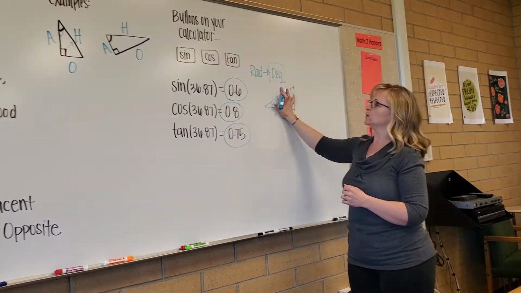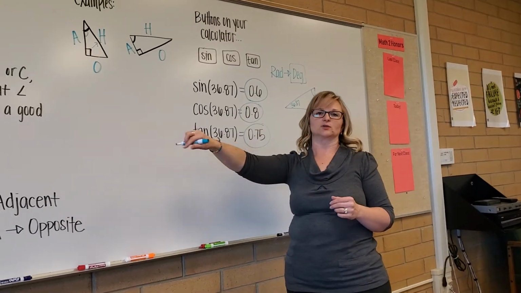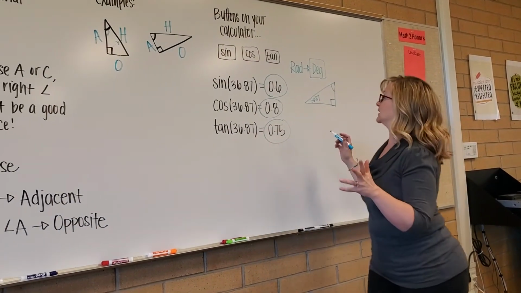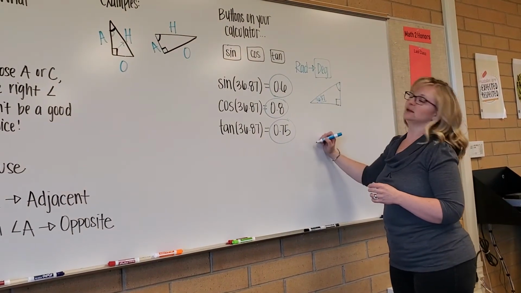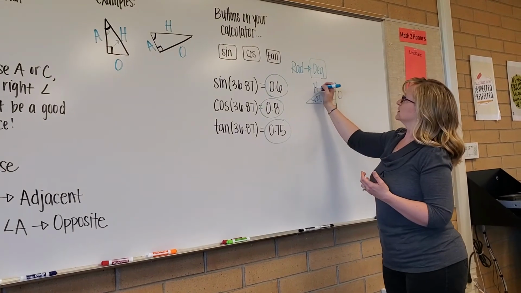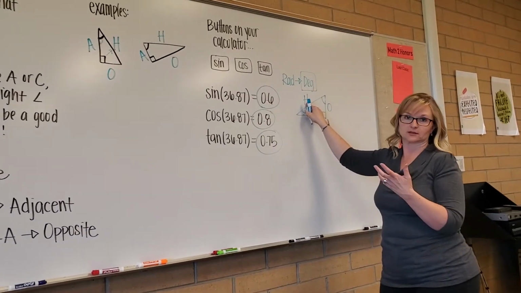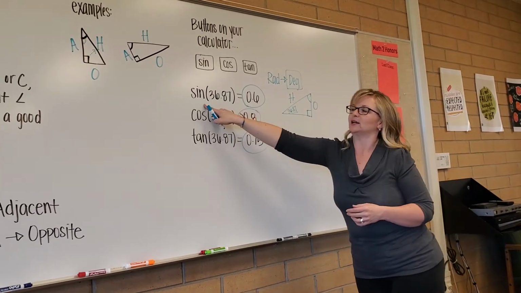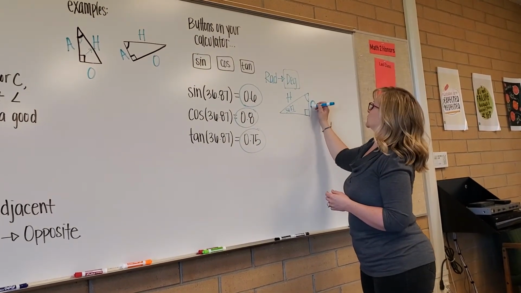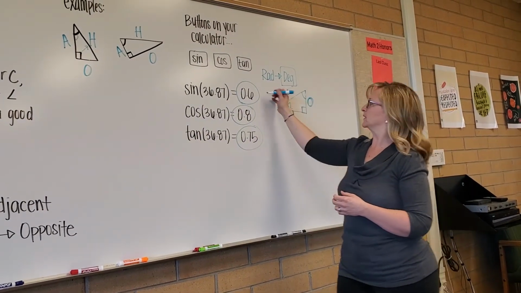Your calculator knows all of this, and therefore, no matter which of those three triangles or which of any other triangle you pick that has this angle in it, these ratios of, let's say, opposite to hypotenuse will stay constant no matter what, because the triangles are similar. So sine will always give you the ratio of opposite to hypotenuse every time.